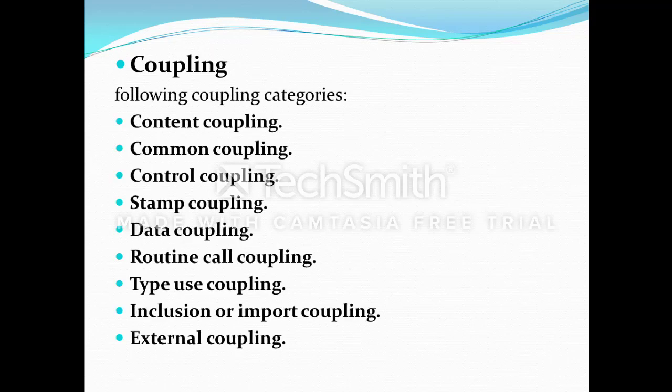There are different categories of coupling: content coupling, common coupling, control coupling, stamp coupling, data coupling, routine call coupling, type use coupling, inclusion or import coupling, external coupling. Therefore, coupling is a fact of life. However, the designer should work to reduce coupling whenever possible.